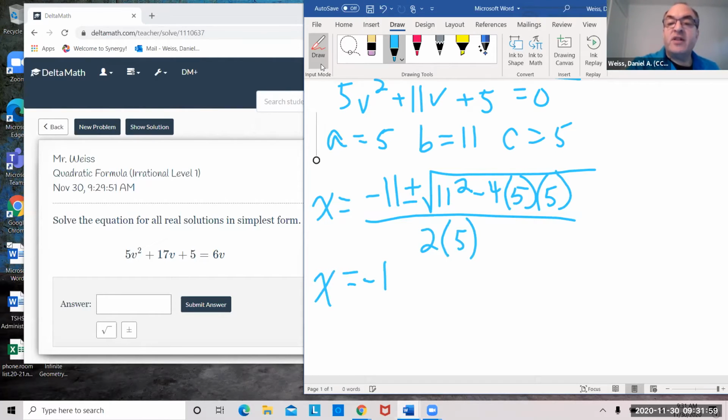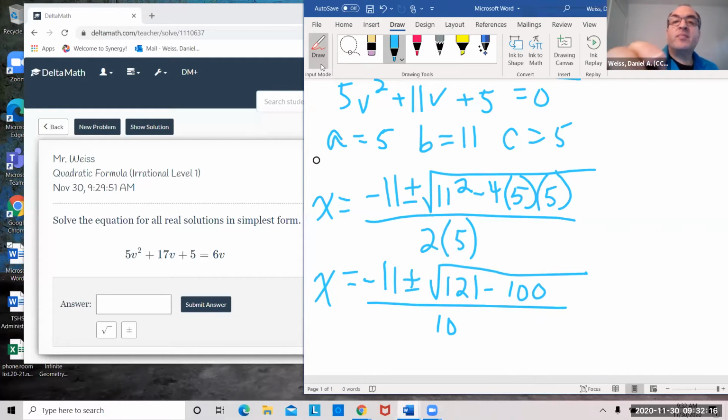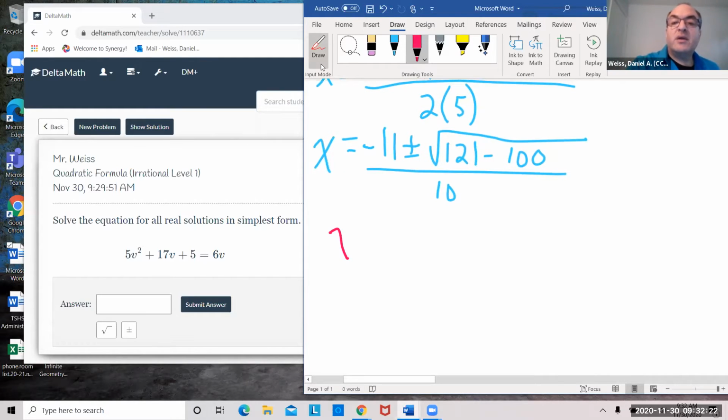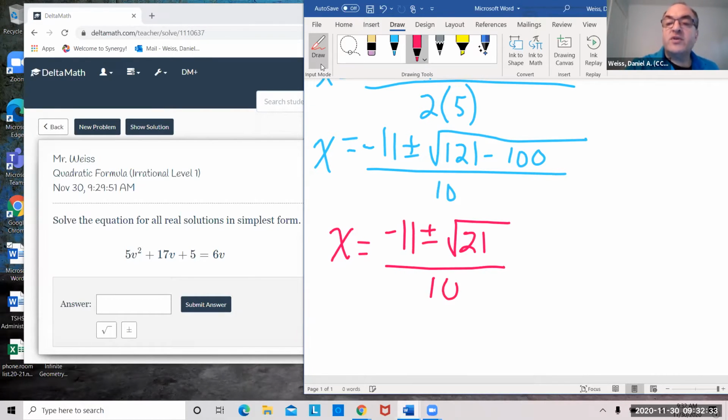X equals negative 11 plus or minus square root 121 minus 4 times 5 is 20, 20 times 5 is 100, all over 10. Finish. Negative 11 plus or minus square root 21 over 10. Now, how do we put that in my answer box?